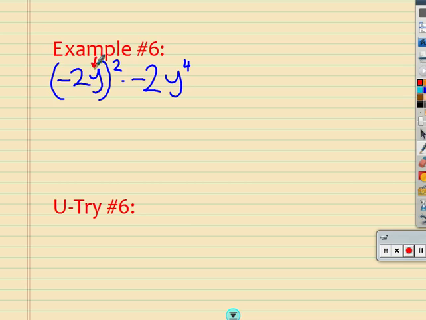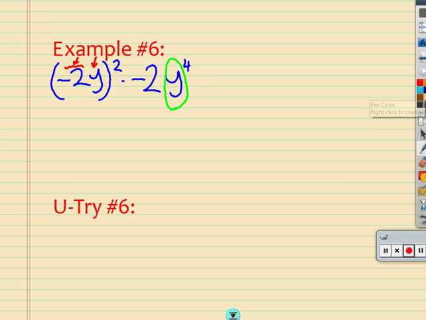So it's going to apply to the y, and it's going to apply to negative 2. The exponent that's outside of the parenthesis will only apply to the term it's touching. It's only touching the y value, therefore only y will be affected by 4.